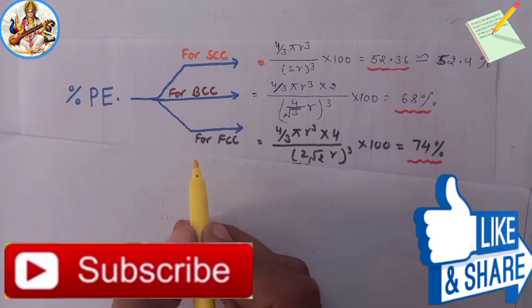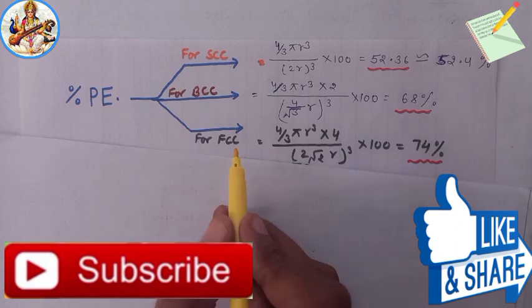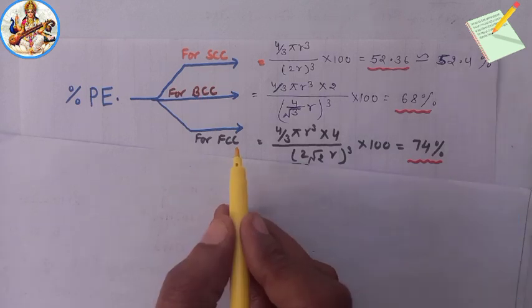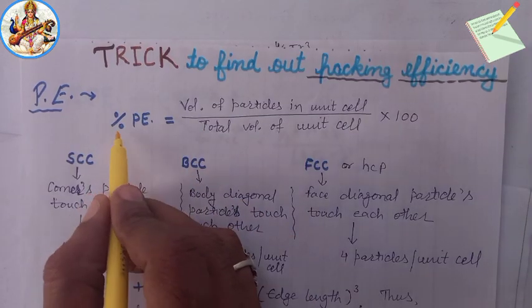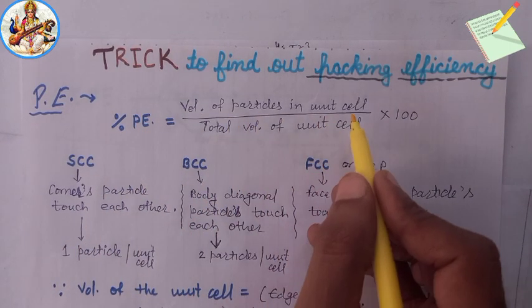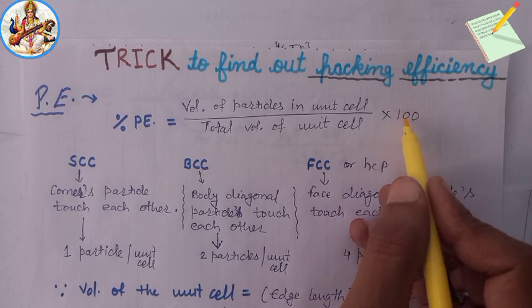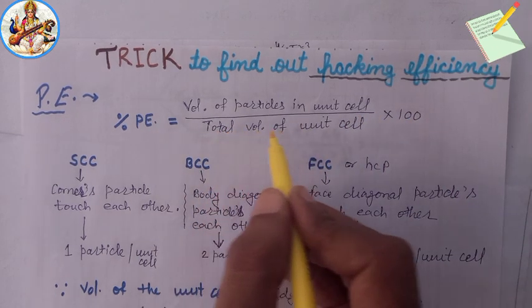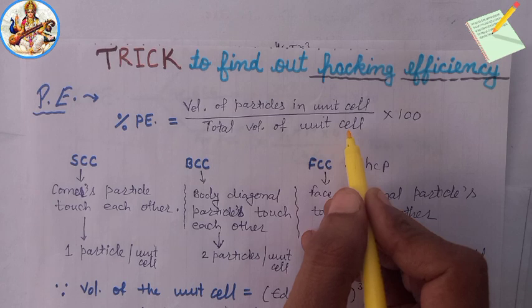So we can calculate packing efficiency easily by the above formula or trick. Percentage packing efficiency is equal to volume of particles in unit cell into 100 divided by total volume of a unit cell.